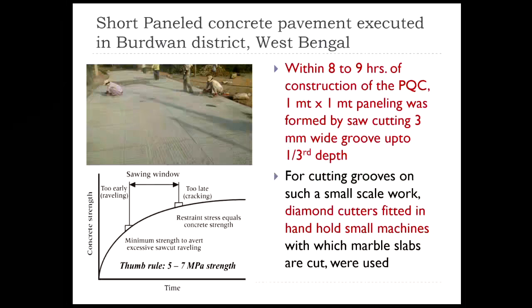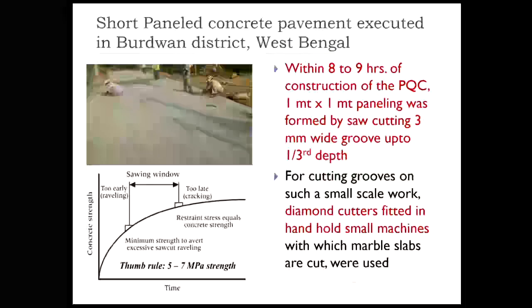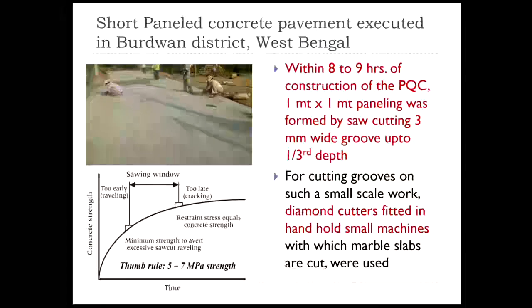If you are unable to mobilize that many cutting machines, you can even keep plastic sheets and then divide your panel dimensions. If you're using cutting equipment, the depth of cutting shall be up to 1/3 depth. For cutting grooves, for such a small scale work, diamond cutters fitted in handheld small machines were used.